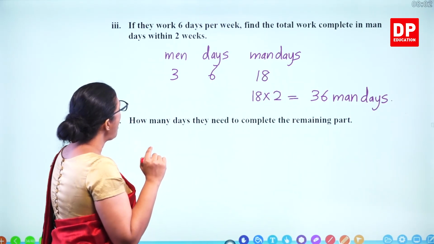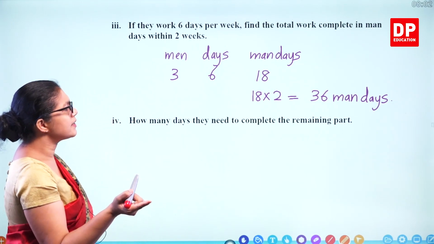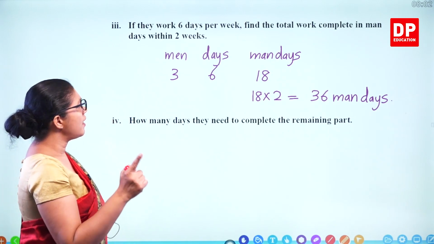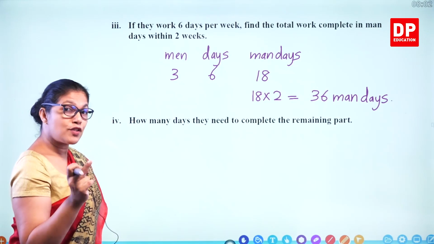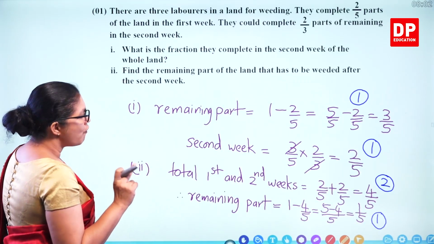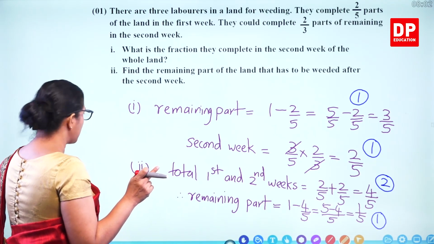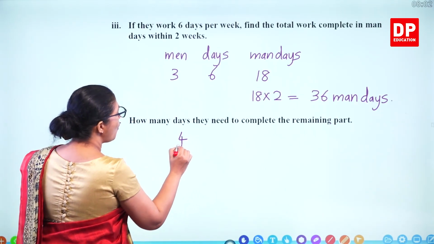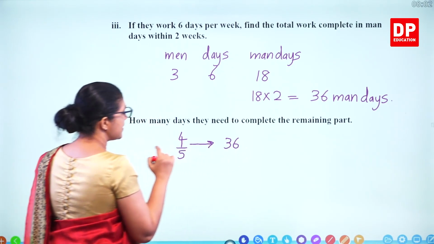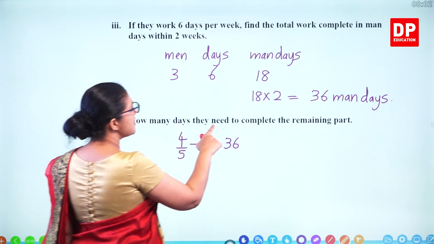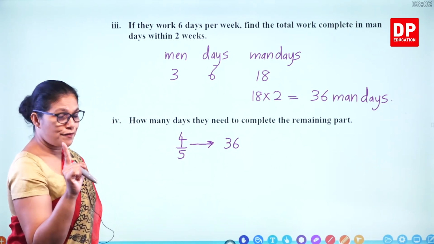And then this one, how many days do they need to complete the remaining part? So here this 36 means 2/5 and 2/5. We found out that's 4/5 of work completed within 2 weeks. 4/5 of work means 36 man days. But how many days do they need to complete the remaining part? That means 1/5.